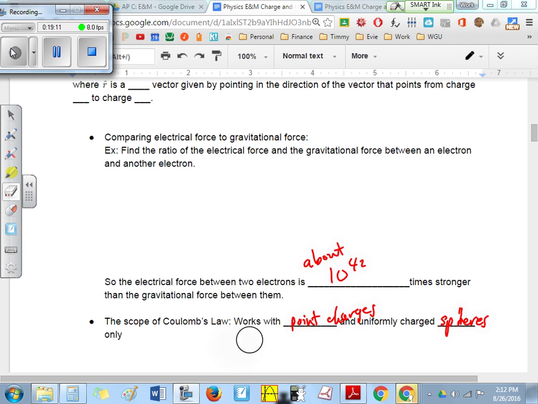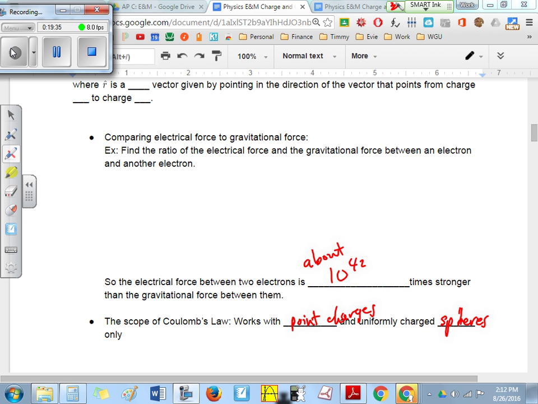Okay? And even if it's an insulator, and it's got negative charges all throughout it, even on the inside of the volume, as long as it's uniformly distributed, you can treat it with Coulomb's law. Okay, so it works for tiny points, and it works for round objects with very beautifully distributed electrons. And the same is true for gravity.